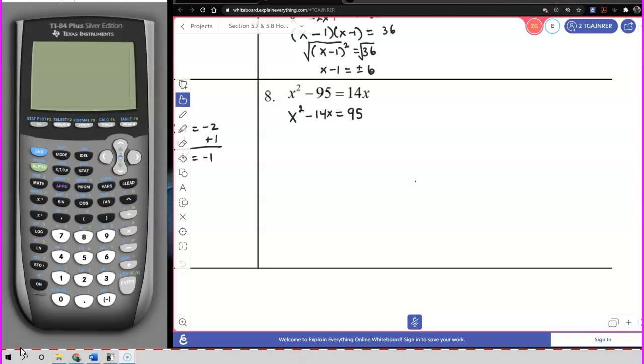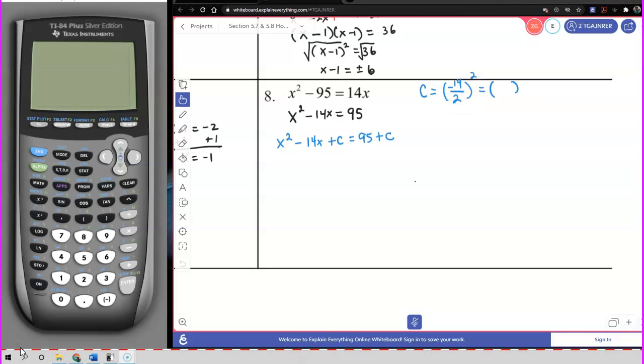So we have x squared minus 14x plus c equals 95 plus c. And to find c, it's going to be the coefficient b, negative 14, divided by 2, and then you're going to square it.